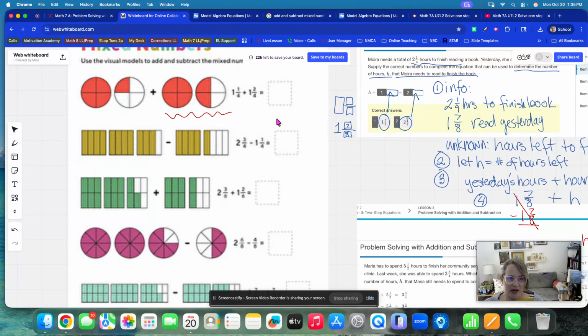Okay, so if you look at this red one, they're adding 1 1/4 plus 1 2/4, or 1 1/2, but writing it as 2/4 makes it easier. You can say I've got 2 wholes right here and right here, and then you can worry about the 1/4 plus 2/4. Okay, ditto for subtraction.